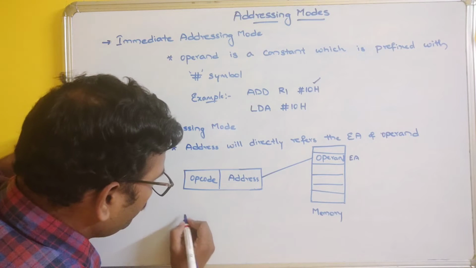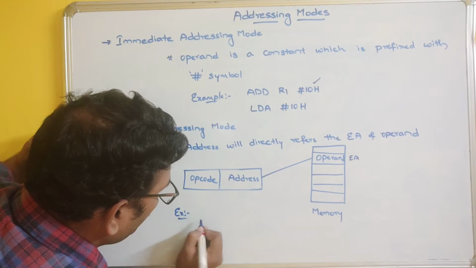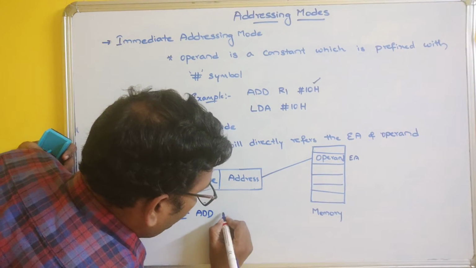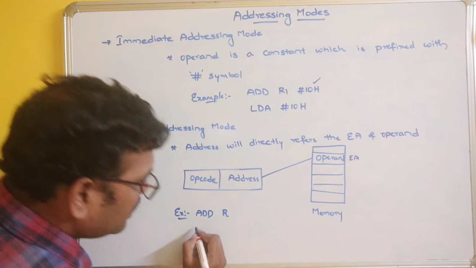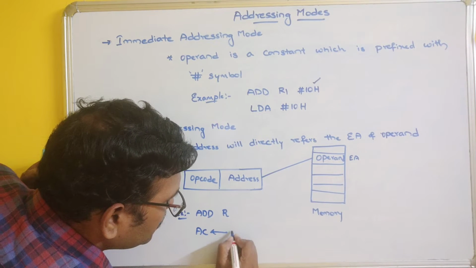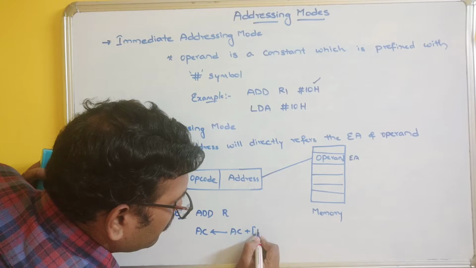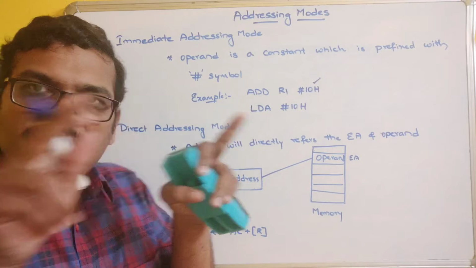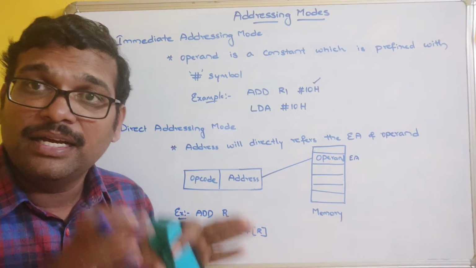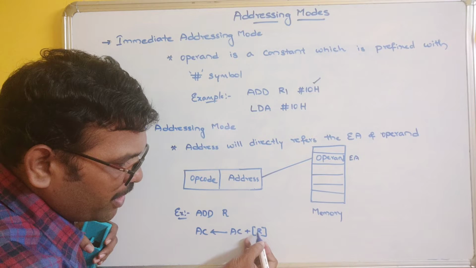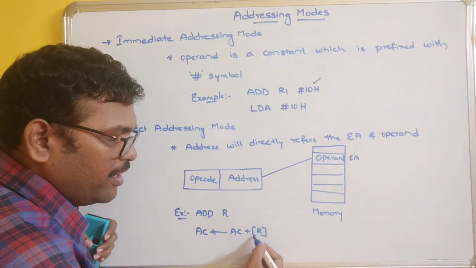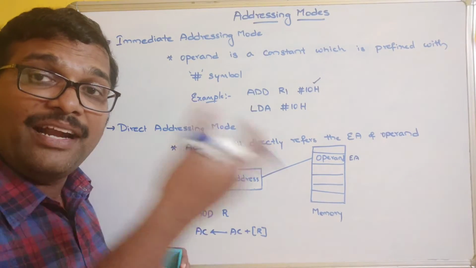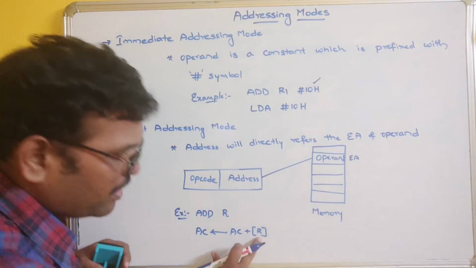So simply you can say, for example, ADD R, where this is nothing but the accumulator, which is added with the value at this particular address. Just imagine if you are using square braces, that implies the memory. Here R is a memory, and if I represent that R in between square braces, that means the data available at that particular memory.